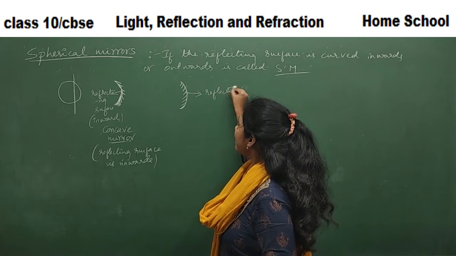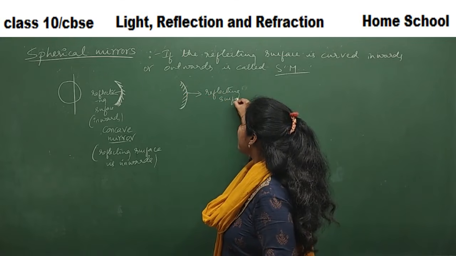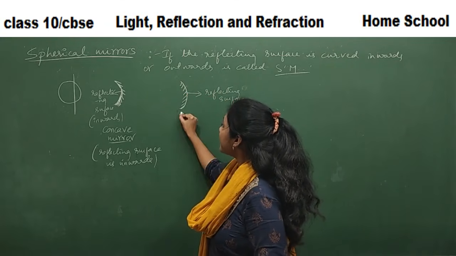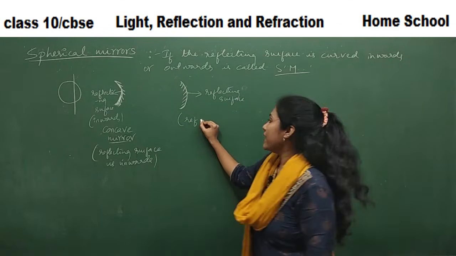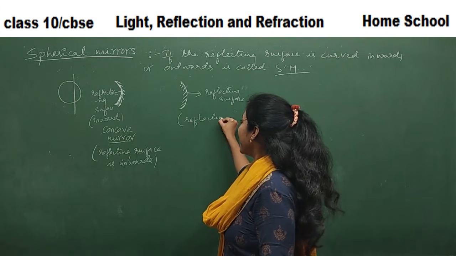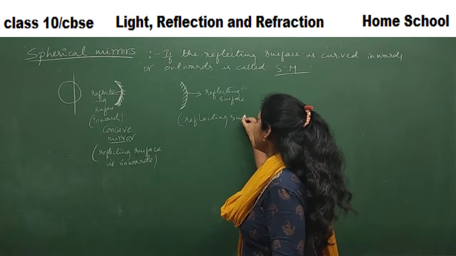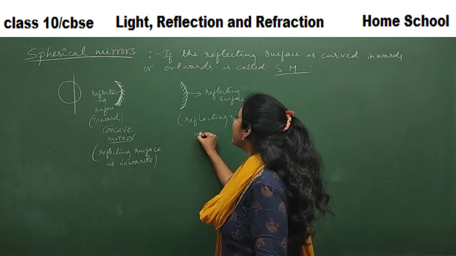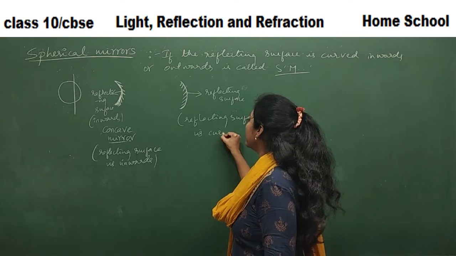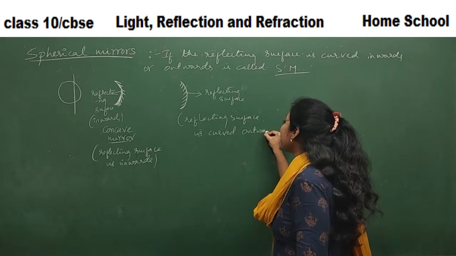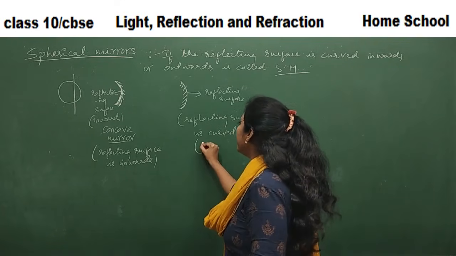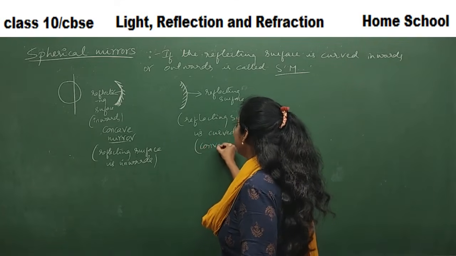So here the reflecting surface is curved outwards, curved or faced outward. Such a mirror we call a convex mirror.